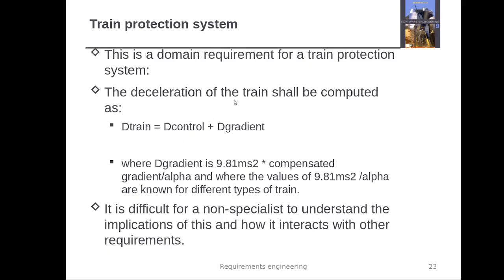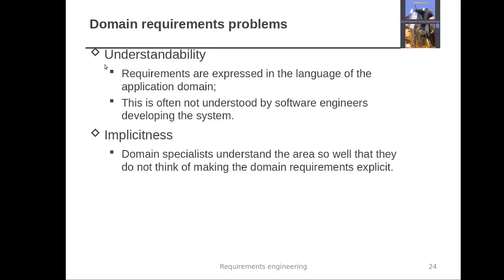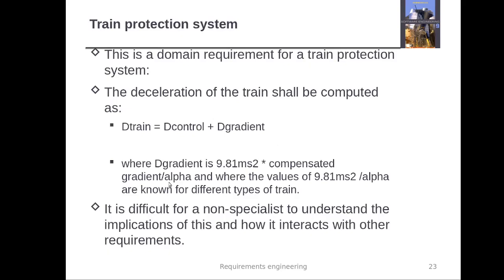So what are the problems here? You can see in the domain requirements, they are understandability and implicitness. Understandability means requirements are expressed in the language of the application domain. As in the last slide, if you see, it was D gradients, compensated, these kinds of things. Now you are facing difficulty in understanding because you don't know these things, right?